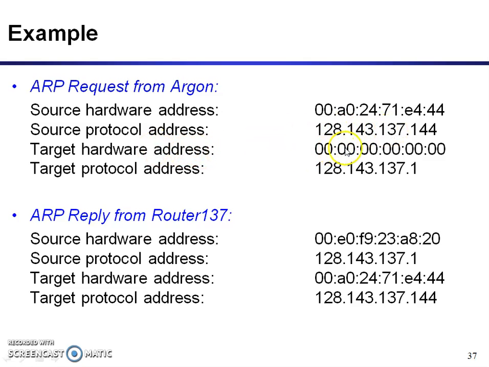The target hardware address is this. The target protocol address is this. And this is the part of the ARP request from Argon. While the ARP reply, which is coming from router 137, this is the source hardware address, this is the source protocol address, this is the target hardware address and target protocol address. So in this particular manner, the entire ARP protocol works.